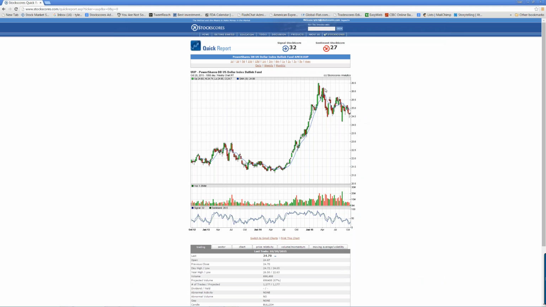What you want to watch for is, does this downward trend line get broken, or do we break through support at 24.5 on the UUP? So I would say an upside breakout through 25.5 or a downside breakout through 24.5 are real critical for the US dollar. And again, that's the US dollar ETF.